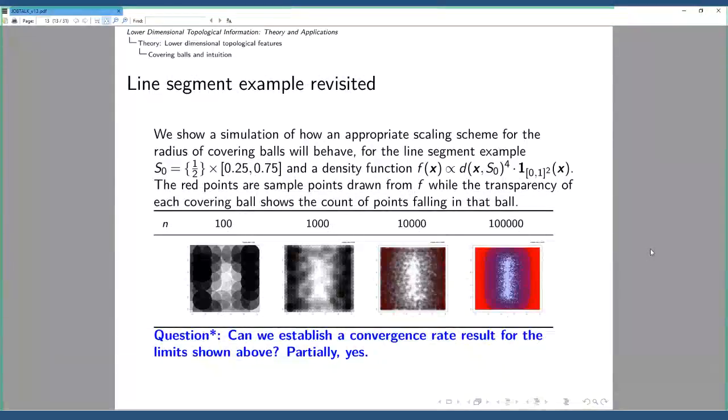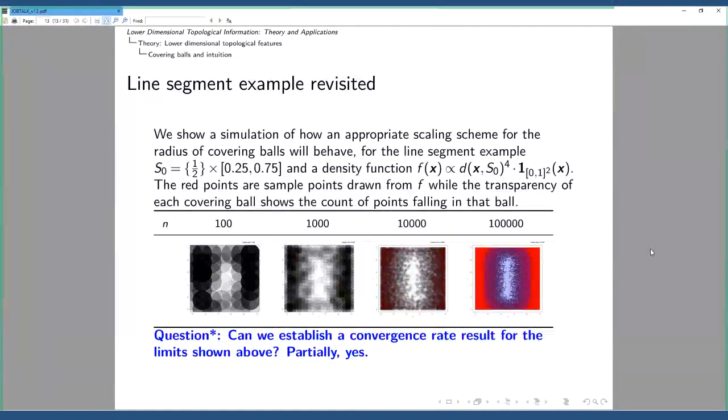So as you can see from left to right, as the sample size grows to infinity, we shrink the radius of the covering ball, and the empty covering balls align at the location of the line segment. So from left to right, it gradually becomes clear that the white area will evolve into a white line segment area. So intuitively, you can look at those white areas that were covered by the empty covering balls in order to locate your red line segment, which is your zero density region.